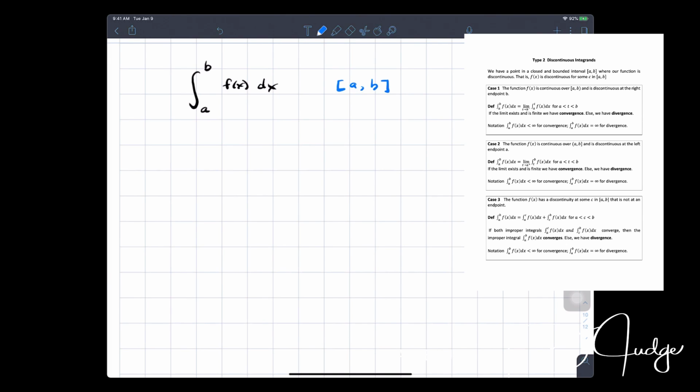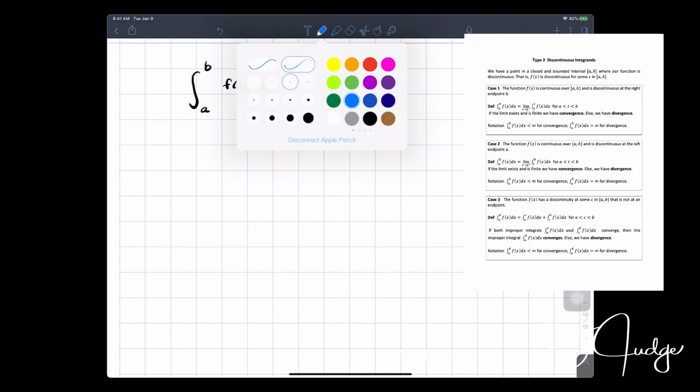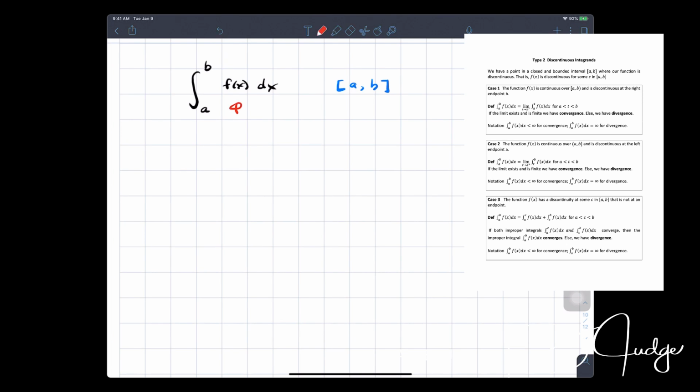What's going to happen now is the function is going to have a discontinuity for some c in that interval. This function is no longer continuous over the interval. There's a discontinuity.